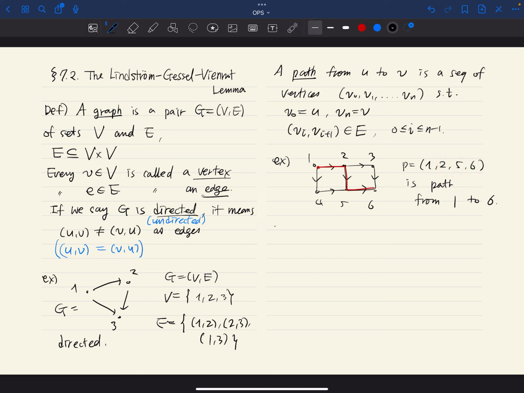And a cycle is a path from one vertex to itself, for some U. Let me change this diagram a little bit so that we have a cycle. So in our example here, 1, 2, 5, 4, 1 is a cycle.